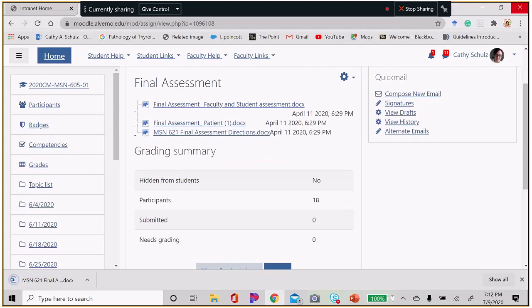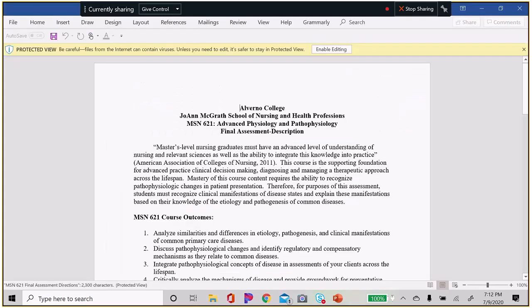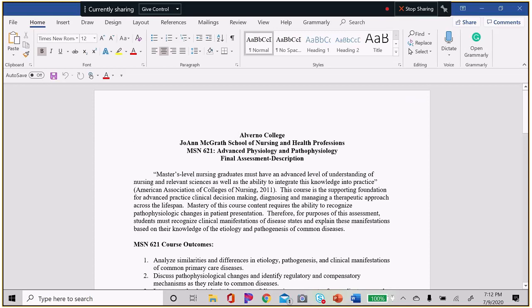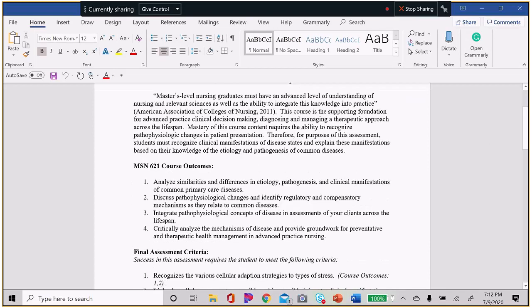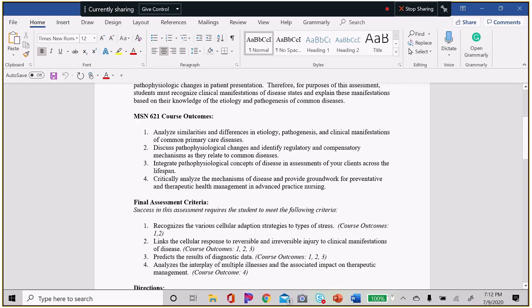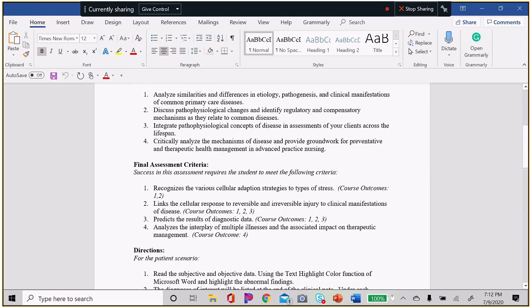So I just want to briefly go over the directions so there's no question about what you're supposed to do. And this is what we're supposed to be accomplishing through this final assessment. So it's a review of our course outcomes and criteria.